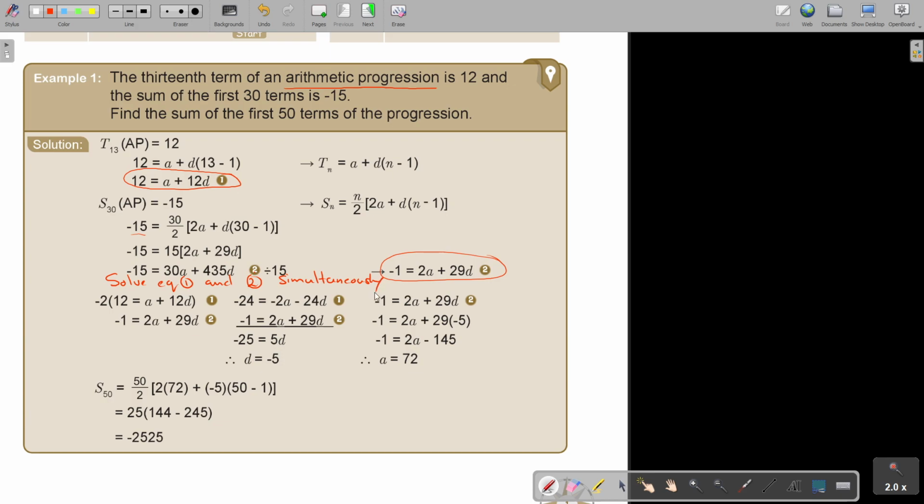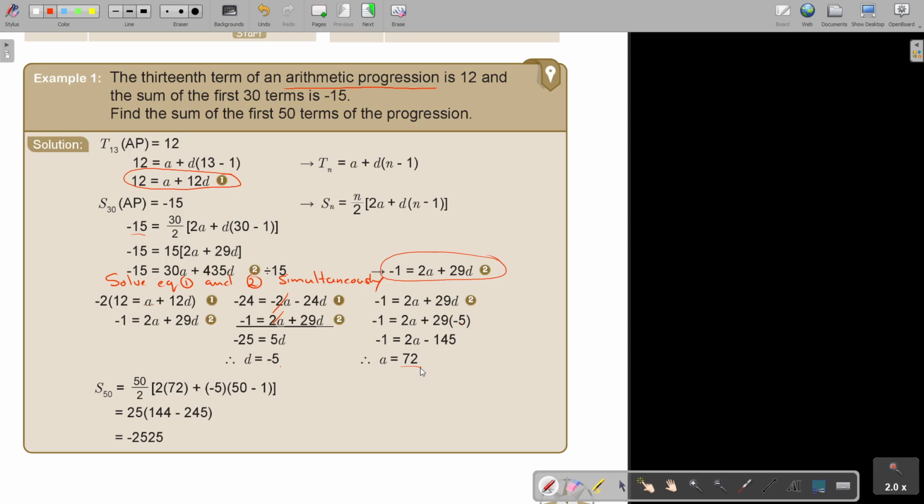Not necessary, but that's what I'm doing. If this is 2a, then I make this also -2a. So I multiply, I did it there, and I cancel out. Do you see the 2a's cancel? I divide by 5, and I get the value of d is -5. Then I just substitute the value of d to get the value of a.